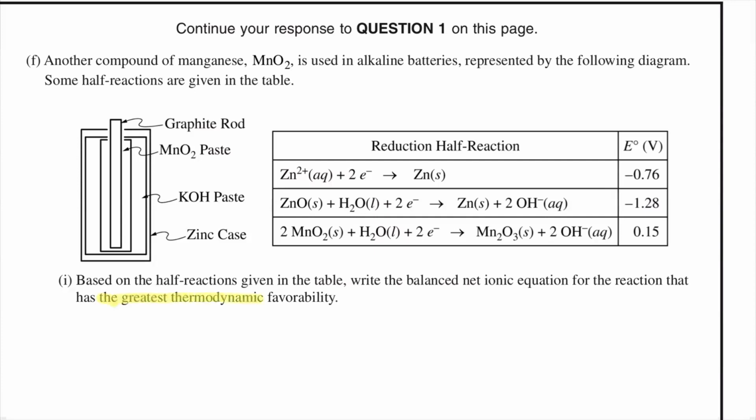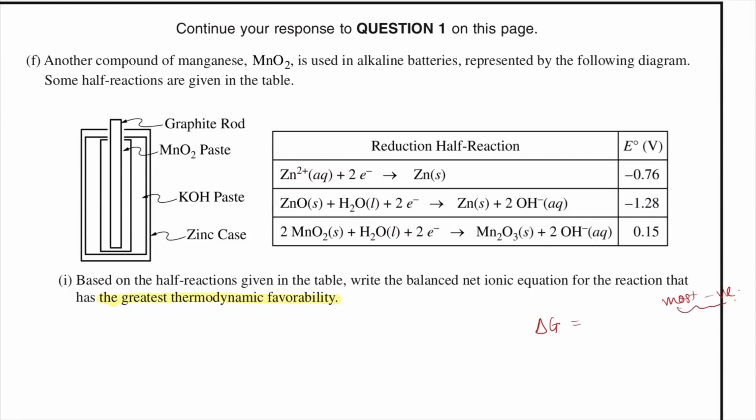Now when is it that a reaction is most thermodynamically favorable? It is when the delta G is the most negative.